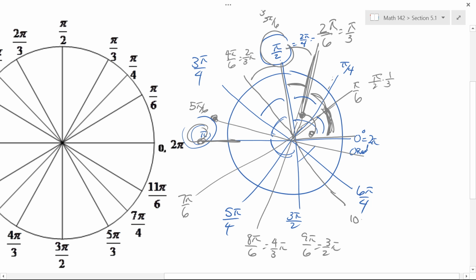This is 10 pi over 6, which reduces to 5/3 pi. And then this one is 11 pi over 6. And then I get 12 pi over 6. And I'm back home at 2 pi.